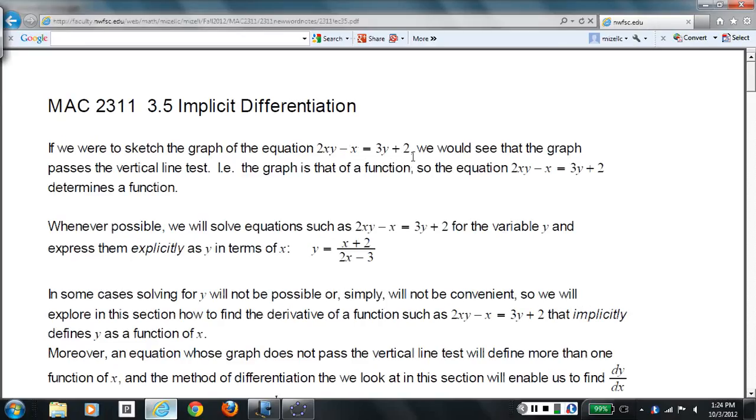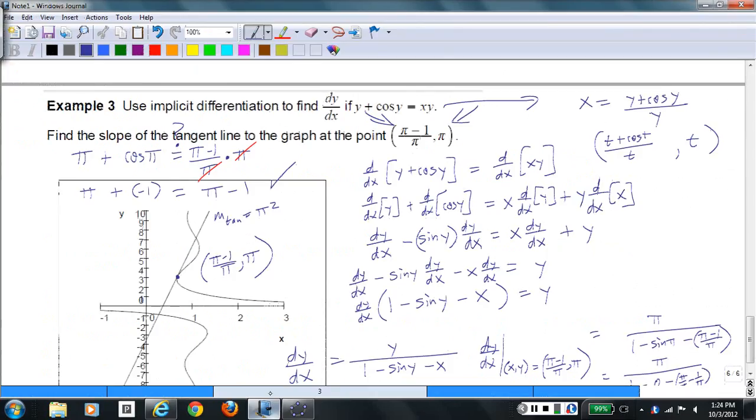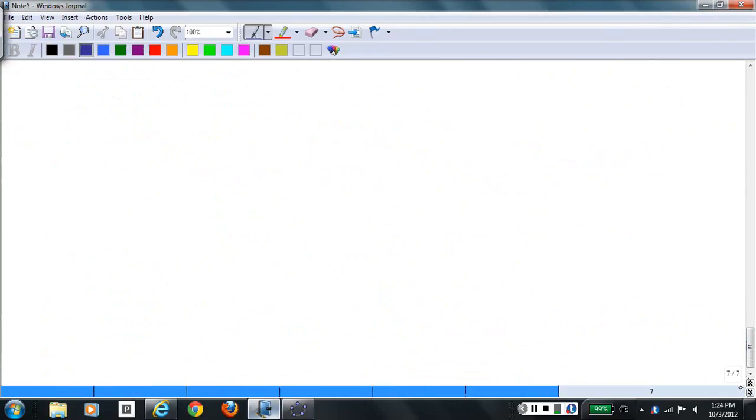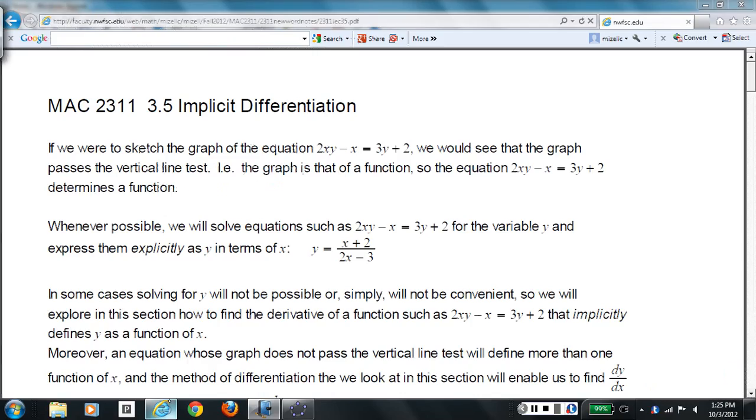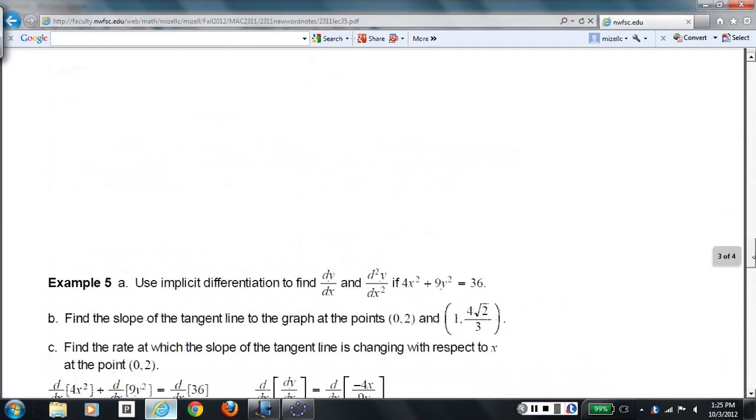And I want to see if I can find the derivative of this using implicit differentiation. How am I going to do this? Where's example 4?